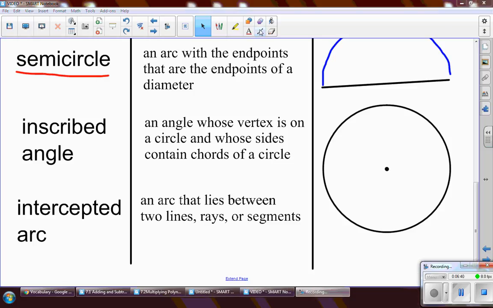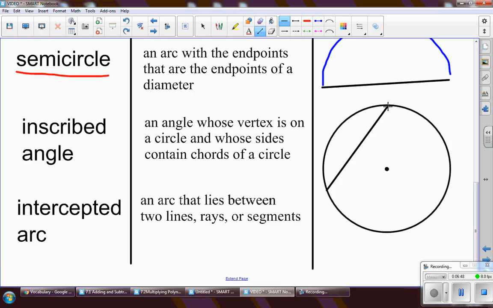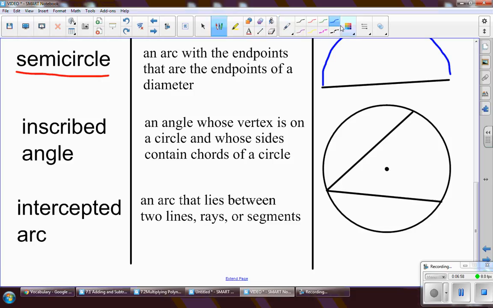So the vertex is on a circle and the sides are chords. There's a chord, here is another chord, and we have an inscribed angle. The vertex is on the circle.